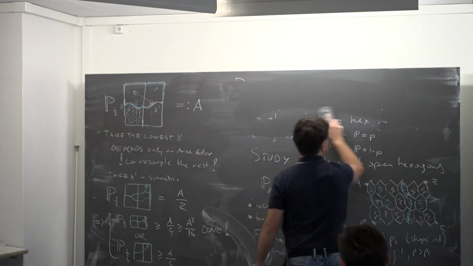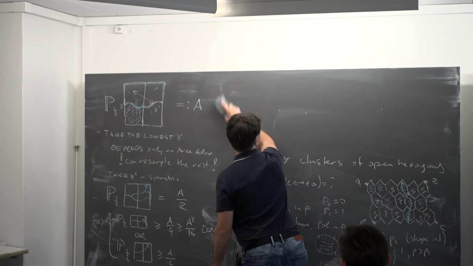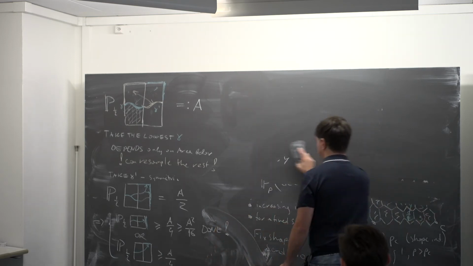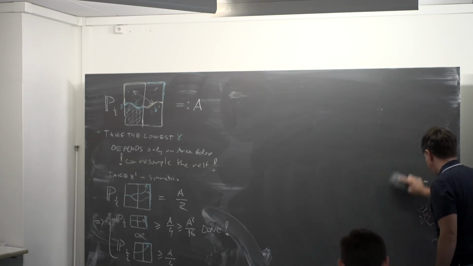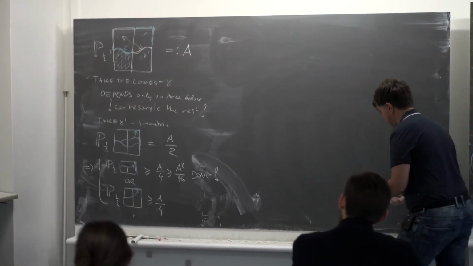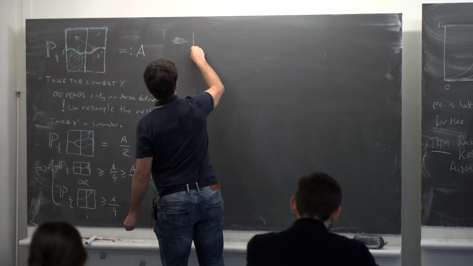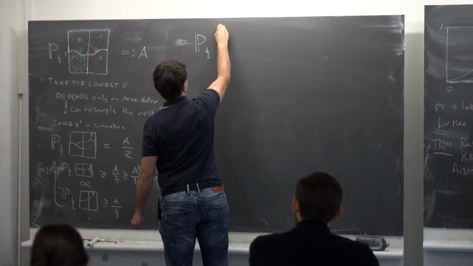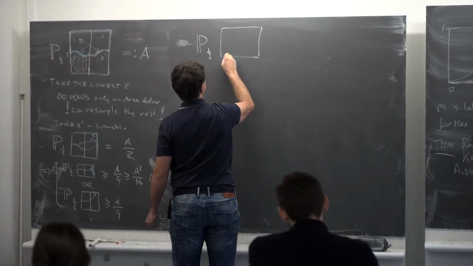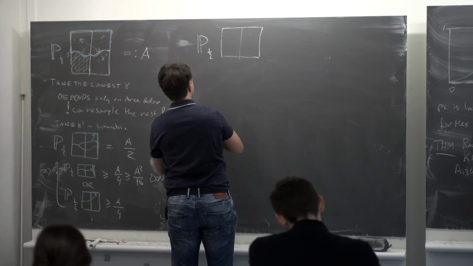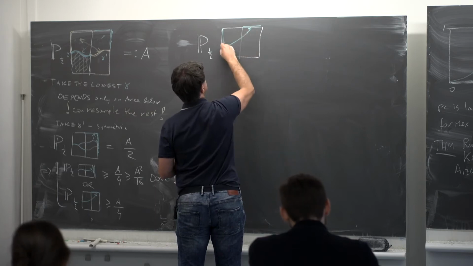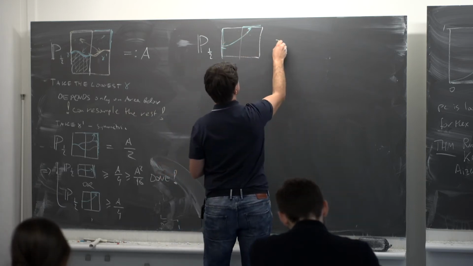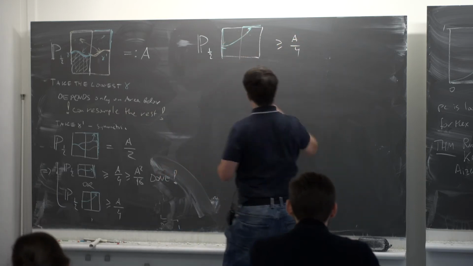We just need one more trick. So suppose the second case, probability at 1/2, so we cross from the left side to this top. This probability is at least A/4.